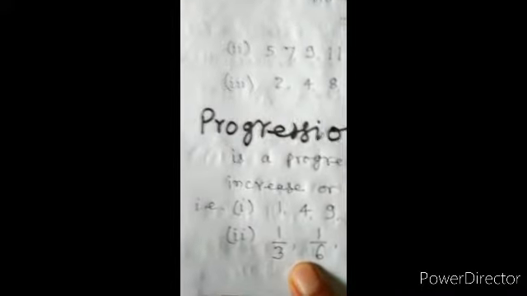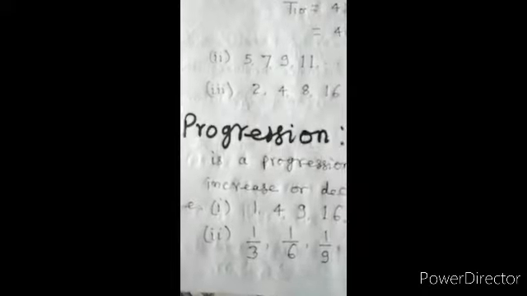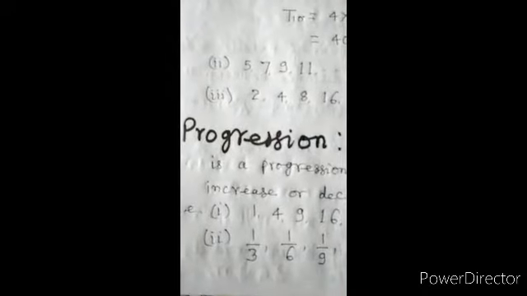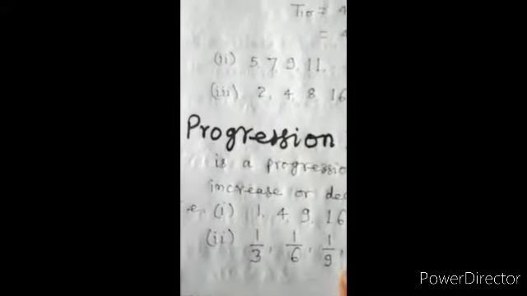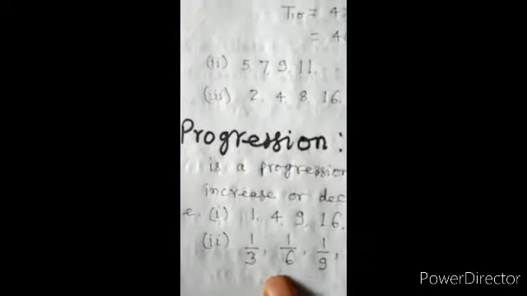Now see 1 by 3, 1 by 6, 1 by 9, 1 by 12, etc. These are in decreasing order. As the value of the denominator is increasing, the whole value will decrease. So these numbers are in decreasing order and they are following a pattern: 3 plus 3 is 6, 6 plus 3 is 9, 9 plus 3 is 12, etc.